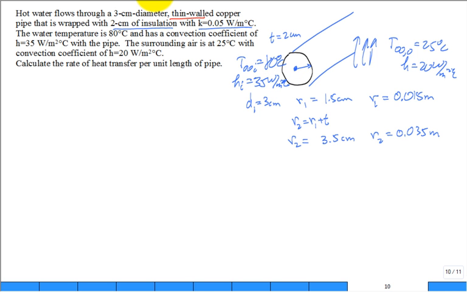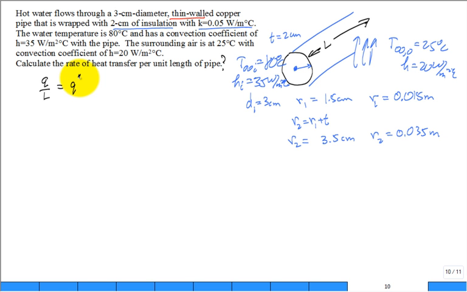Now, calculate the rate of heat transfer per unit length of the pipe. What symbol am I going to use for the answer that I'm trying to get? Q over L, but what's L? L is this length. True? Some people may say Q prime, which is good.